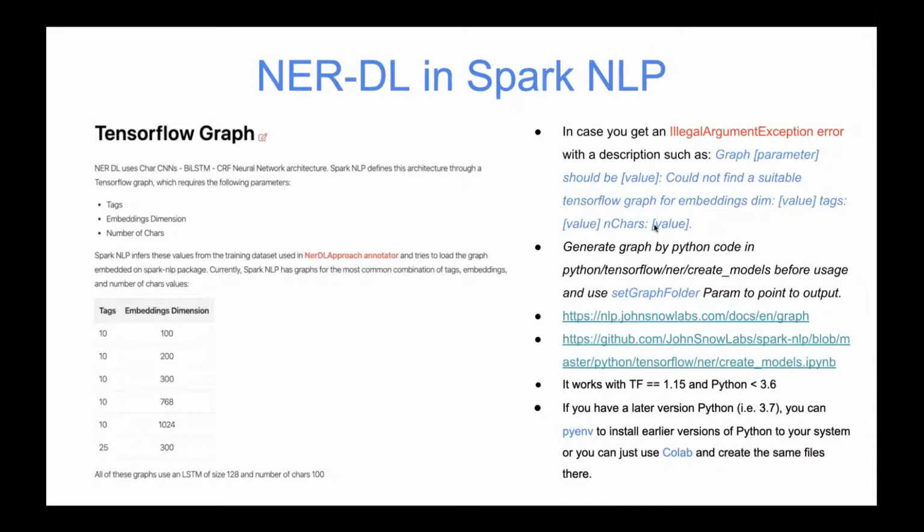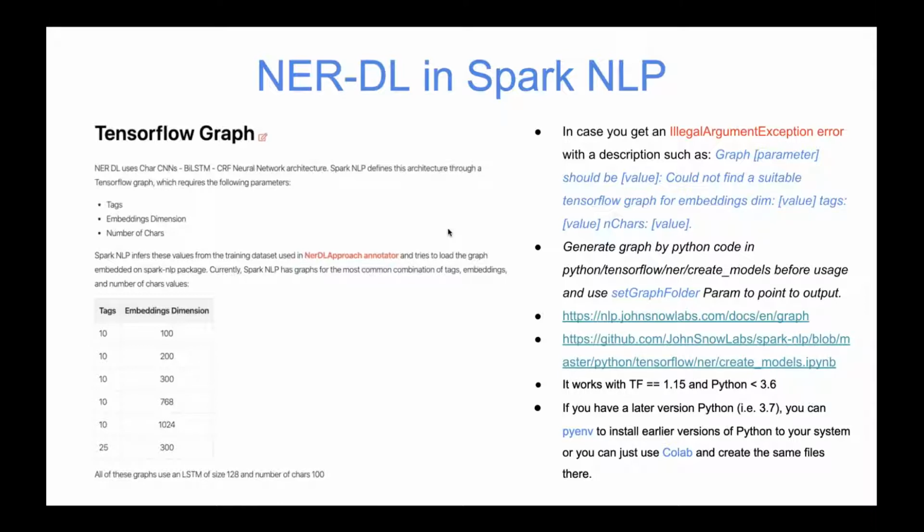So maybe you will not need this, but to train this sometimes, because this NER DL model is trained on TensorFlow, we convert this architecture into a TensorFlow graph, like we write it to disk as a graph, and then our annotators in Spark NLP read this graph and train the model.